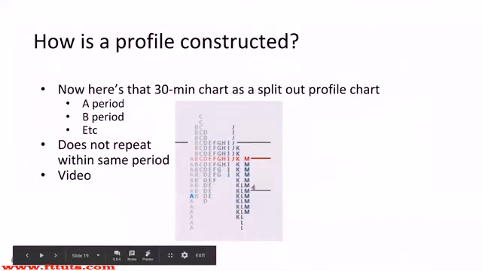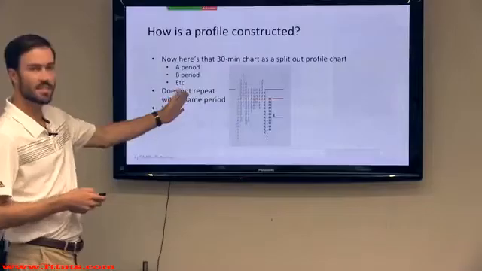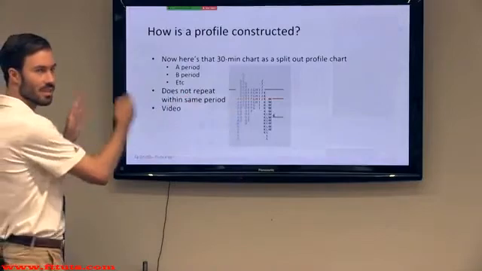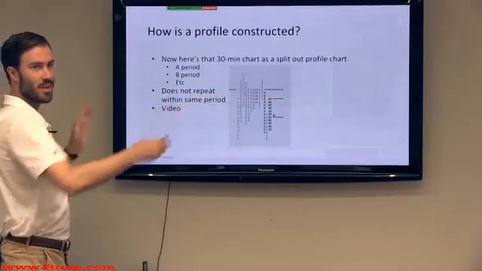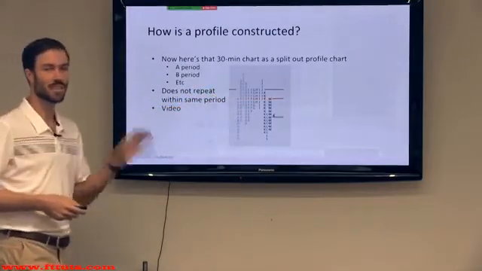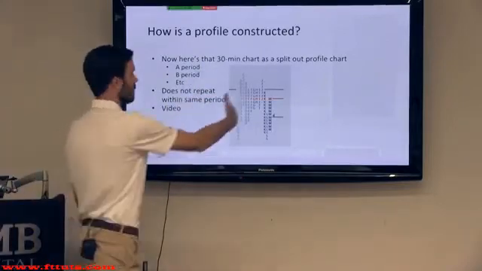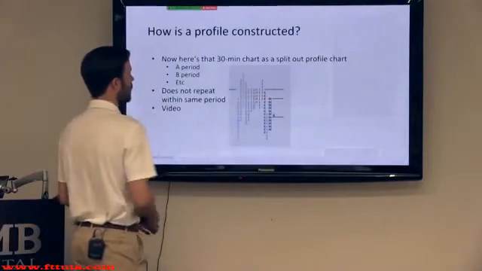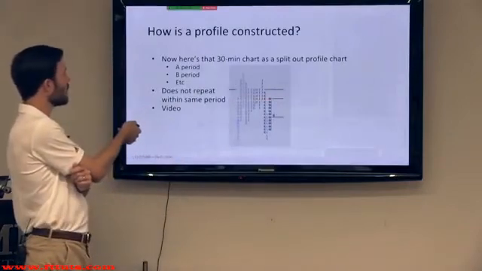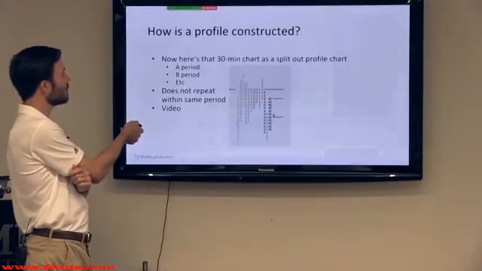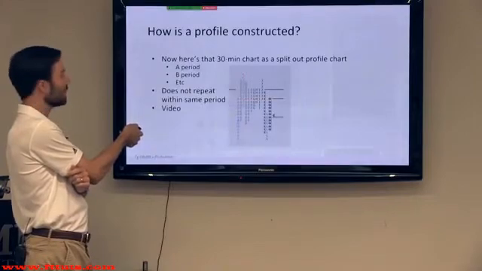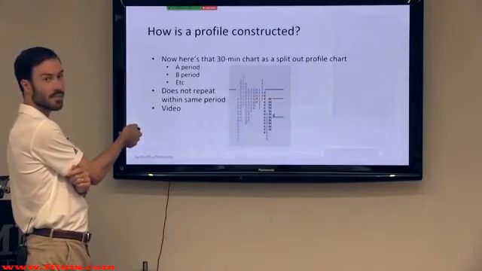Now, take a look at this. We have A, B, C, D. This is not typically how it's used. This is split out into each of those periods. Imagine the game of Tetris, okay? And instead of everything falling down, everything falls to the left. So notice how there's nothing else except for those couple C's up here. They're going to go all the way to the left with the A's, right?